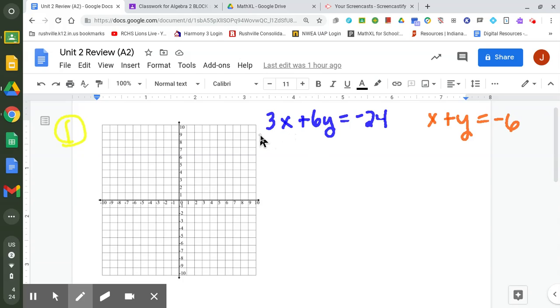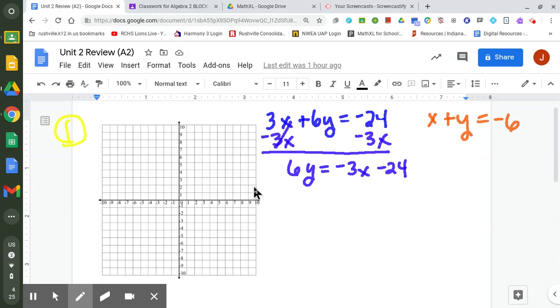So my first equation, I'm going to subtract 3x from both sides of the equal sign. So I have positive 6y equals negative 3x minus 24. And then I need to divide by 6 on all three terms.